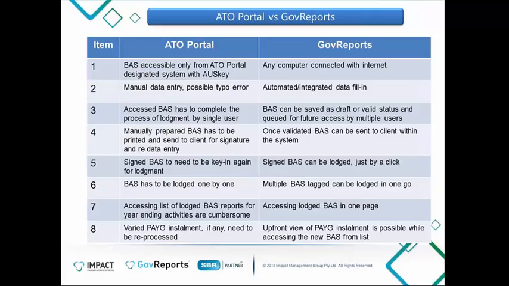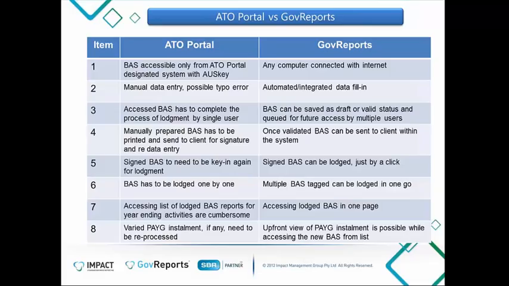With the ATO portal, it's manual, so you have to do data entry in every report, with possible typo errors. With GovReports, a lot of this information can be automated, and especially if your clients use software that is compatible with GovReports, you can simply upload or import the information directly without having to do data entry.